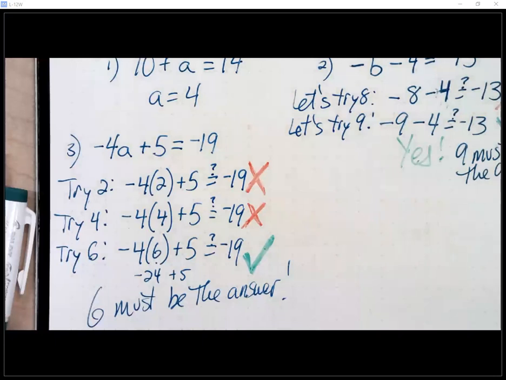All right, so we talked about replacement sets. Now I just want to do a couple, like what you're going to see on your homework. They have some random, just solve the equation ones.